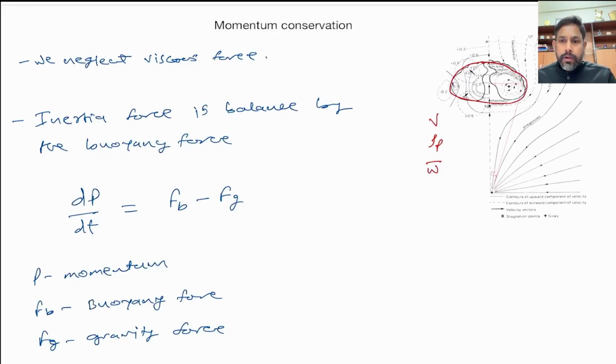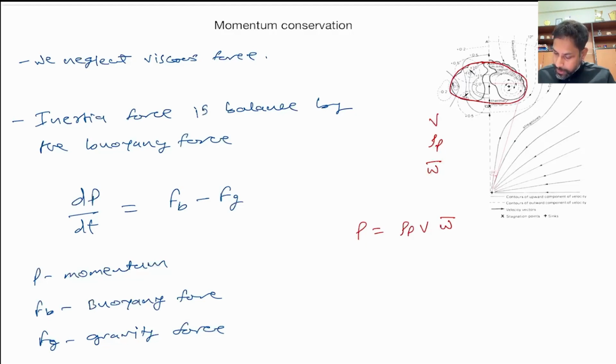So momentum in the plume at any point of time will simply be P equals rho p V times W bar. That is rho p times V, the mass, times W bar, the velocity. So total will be the momentum, and that is the P.